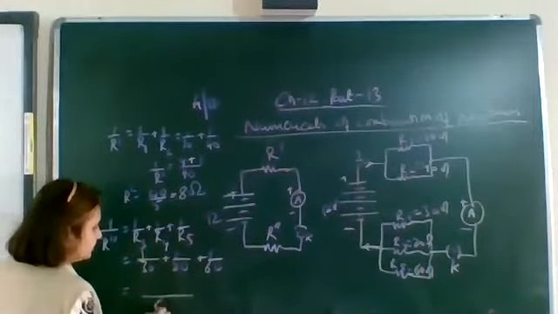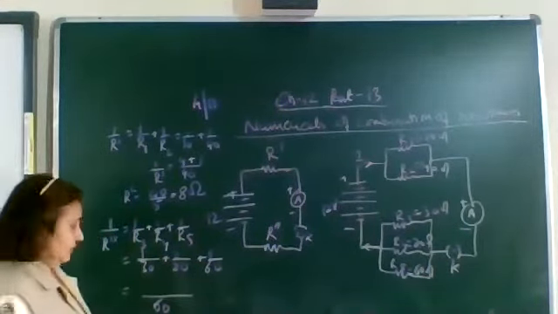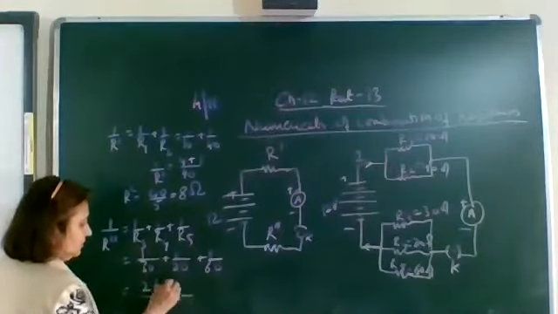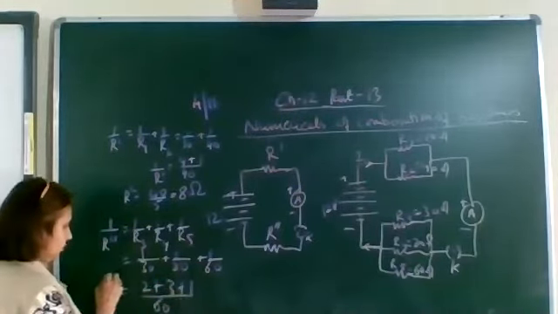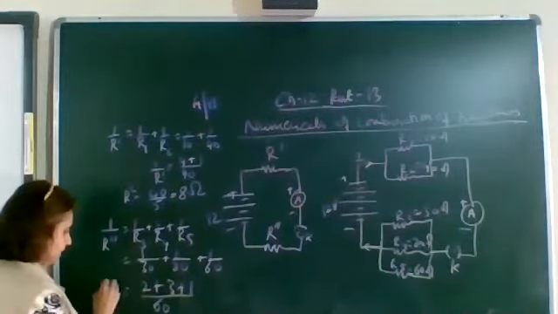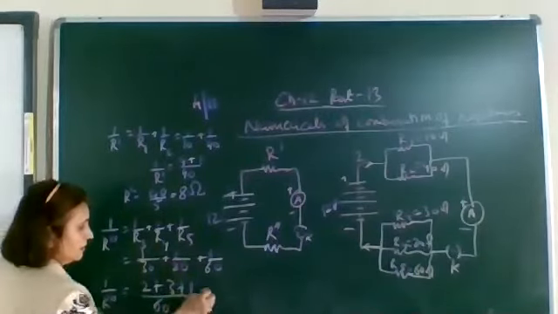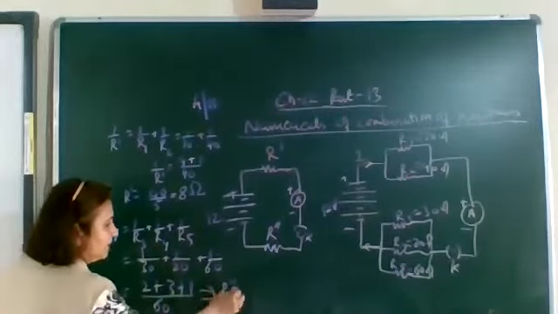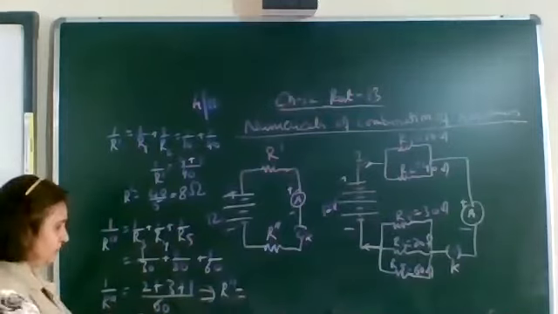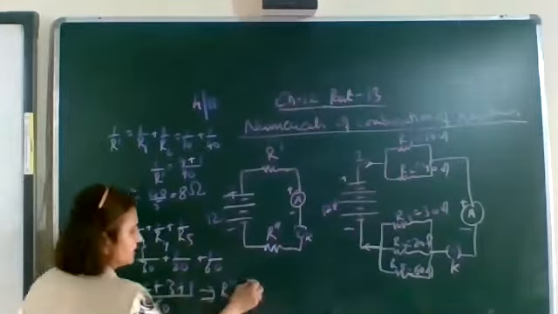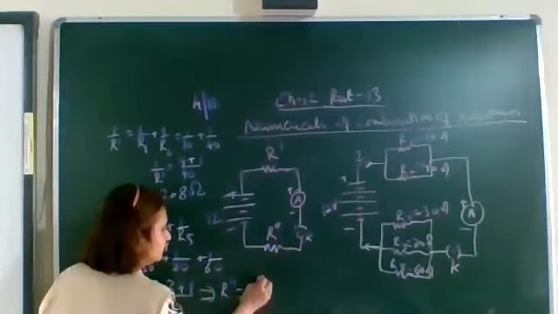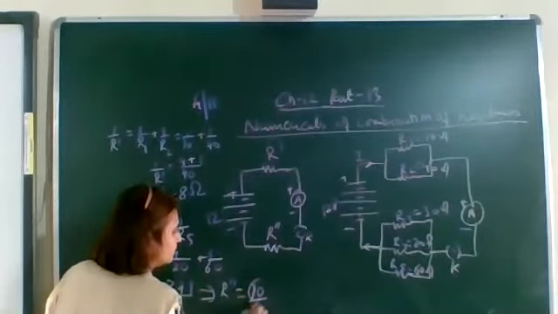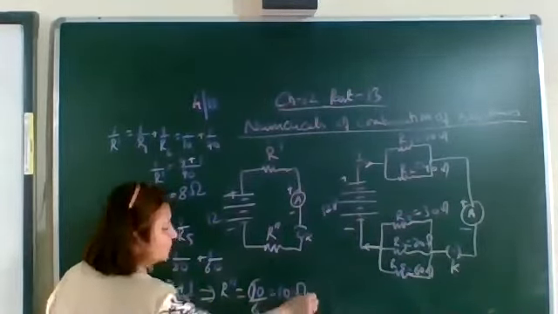LCM is 60. So this is 1 upon R double dash. R double dash will be the reciprocal of it, 60 upon 6, that is, it is equal to 10 ohm.